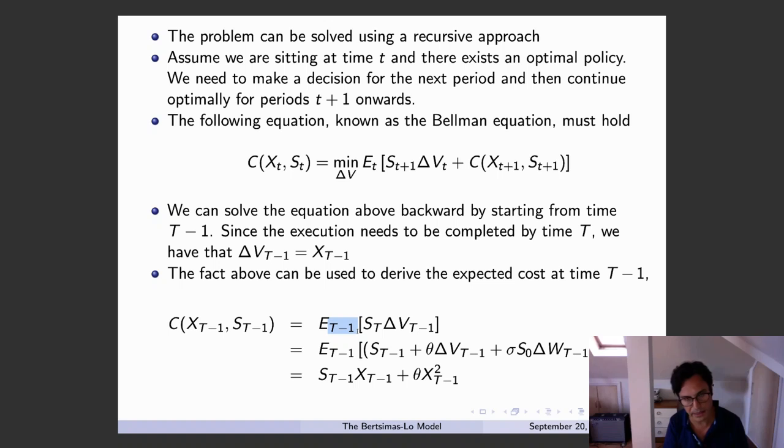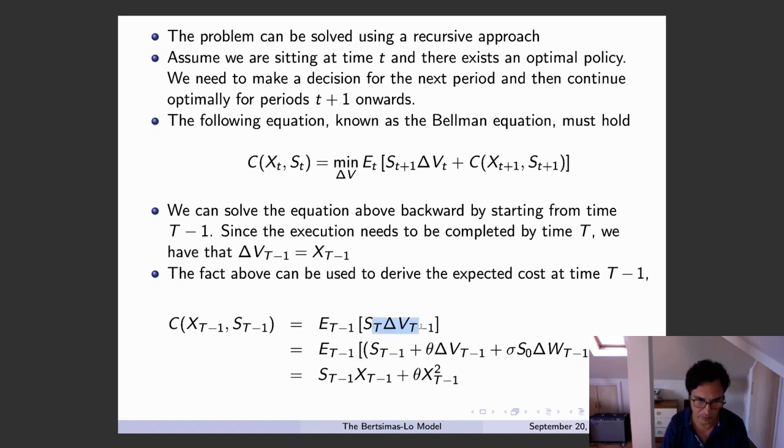This is also in more technical terms called the filtration up to time t minus 1. But here all we really need to know is what was the price. So we assume that we are sitting at time t minus 1, so we went forward in the future, and we know what the price is at t minus 1, and we also know, of course, the amount to execute at time t minus 1. So that's what our filtration includes.